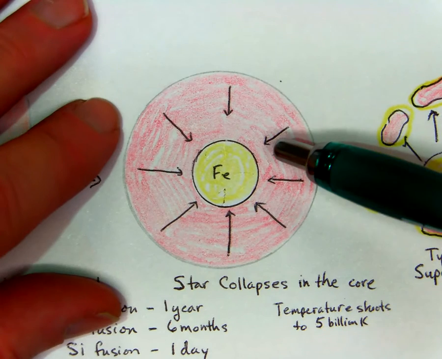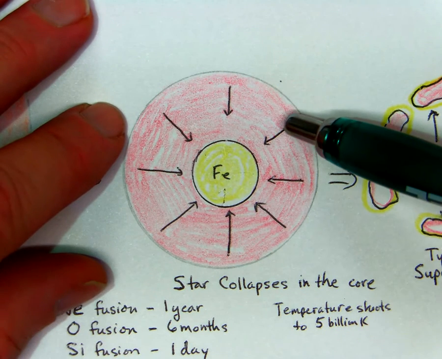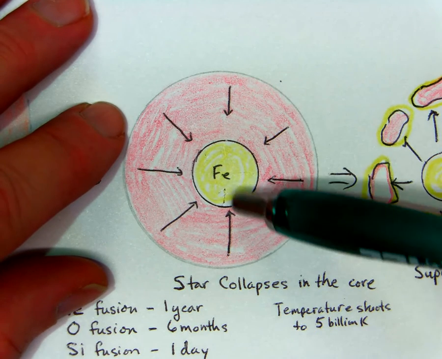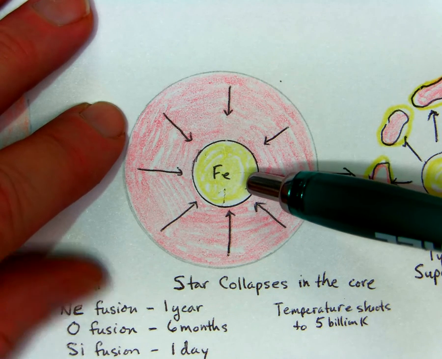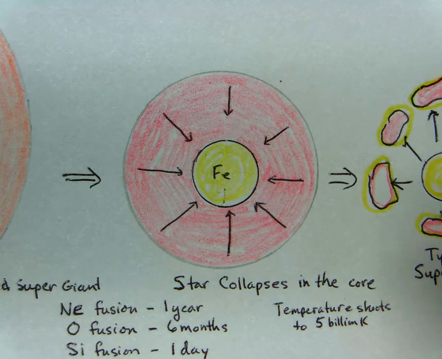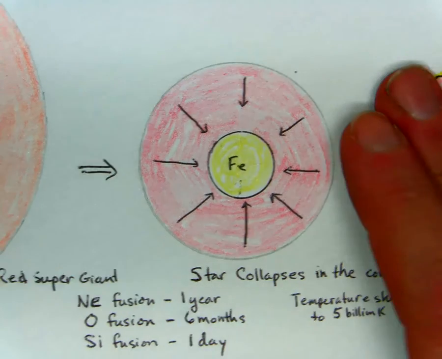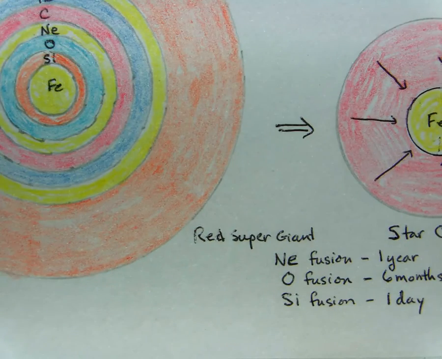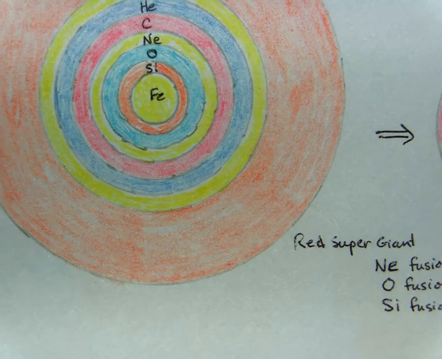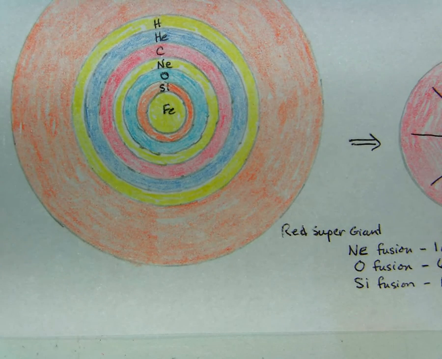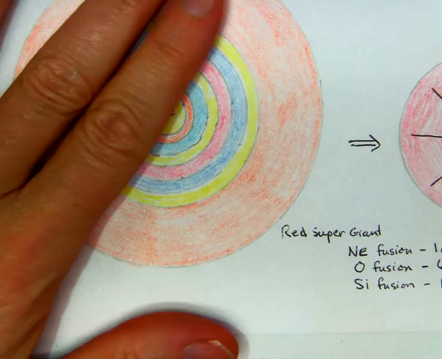So the star is collapsing into a core of iron. Okay, and I guess I should let you finish. You can pause this, finish the drawing, and then move on to this next one.